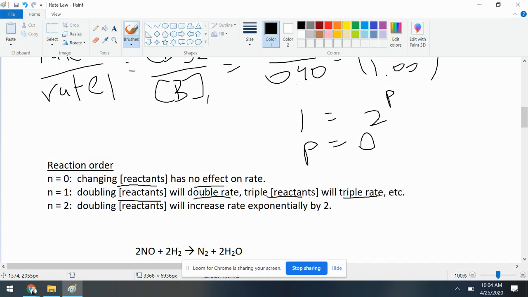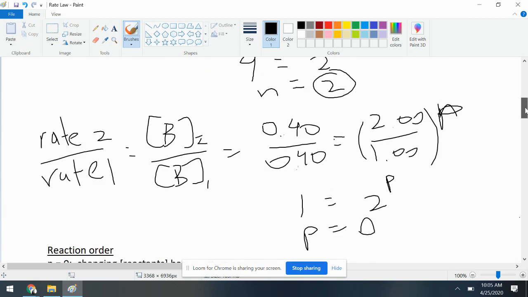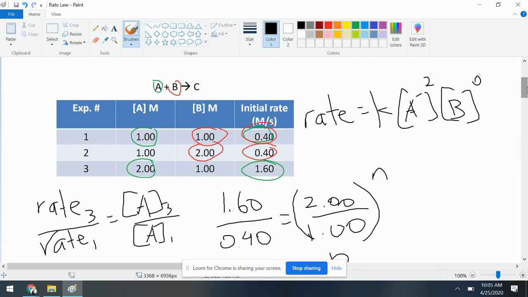Last thing is this: if the reaction order is 2, means by doubling the concentration of the reactants, you're going to increase the rate exponentially by 2. So if we look up here, just by looking at A, if you double the concentration of A for experiment 1 and 3, the rate's going to increase exponentially by 2.